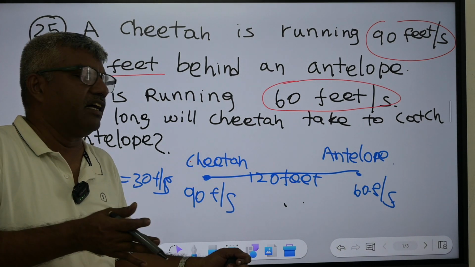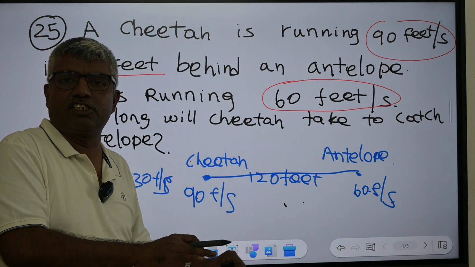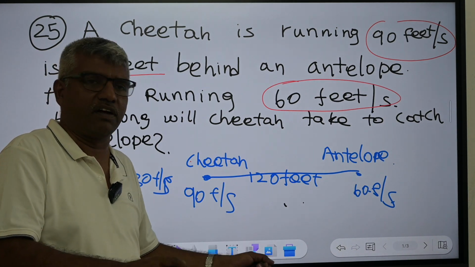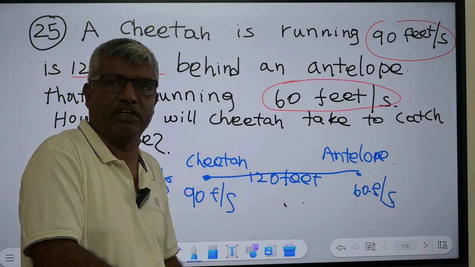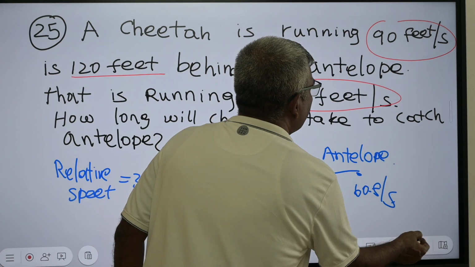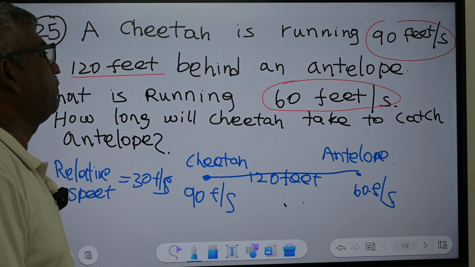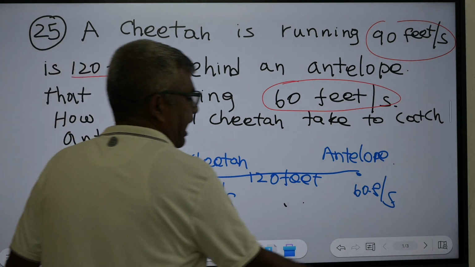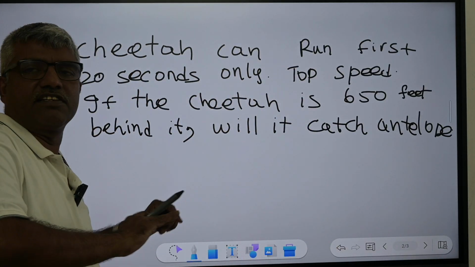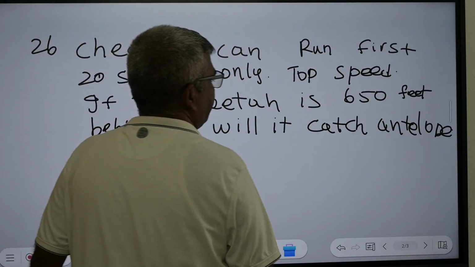Afterwards its speed they didn't specify. Okay, it may be lower or higher. It should be lower, anything. Okay, so for the first 20 seconds it is going 90 feet per second. The antelope's speed they didn't change, it is always 60 feet per second.